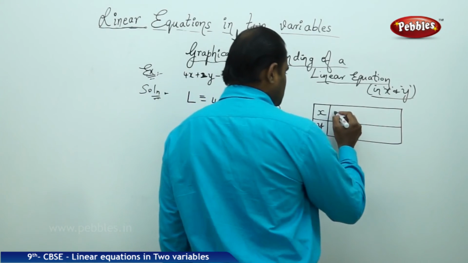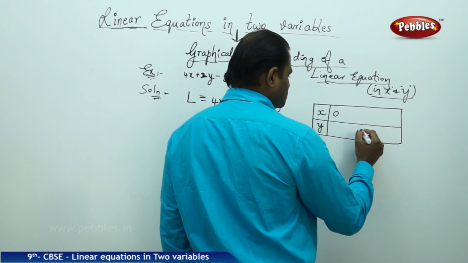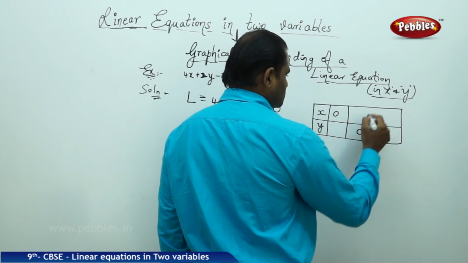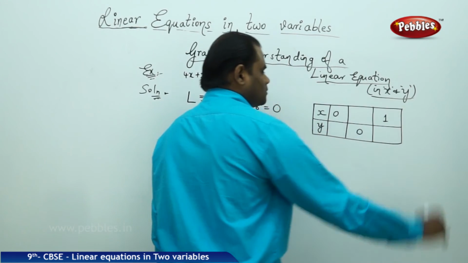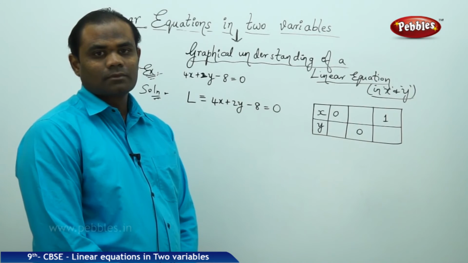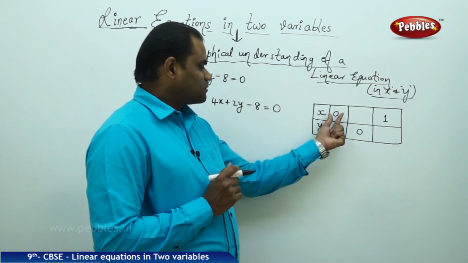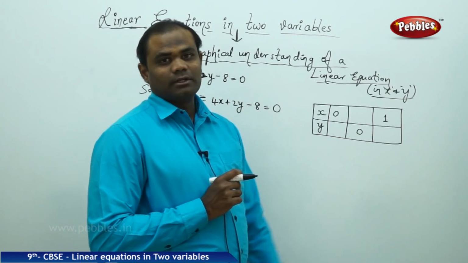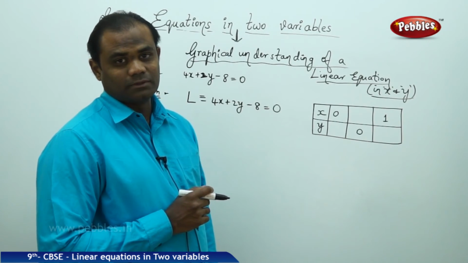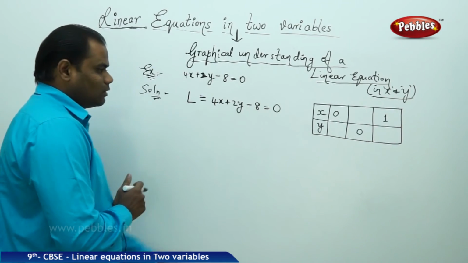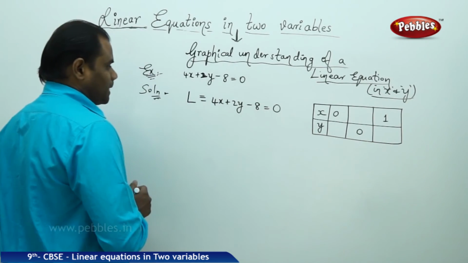Now in this case, I take some fixed values. Let's see how we can draw the line using these values, and how the remaining values can be filled in the table using this equation.